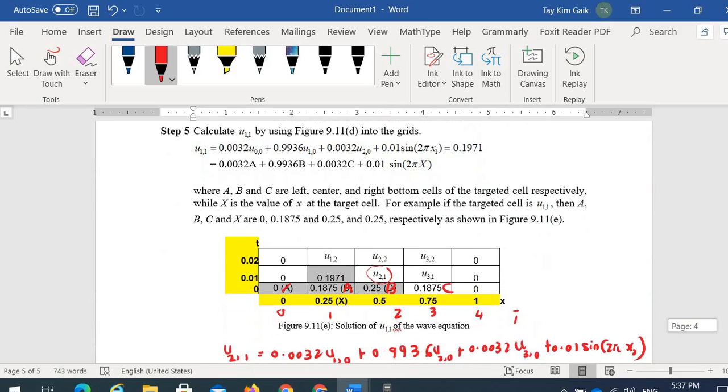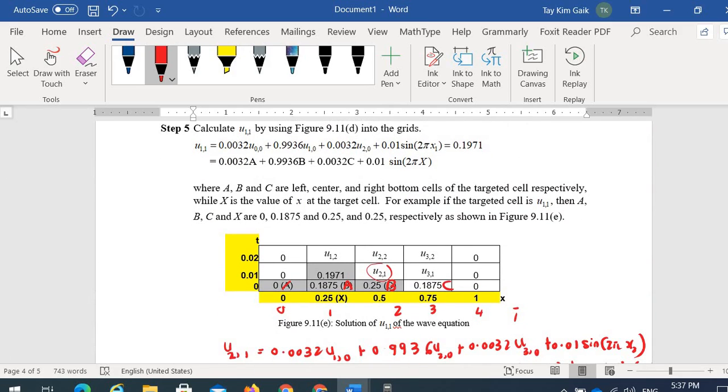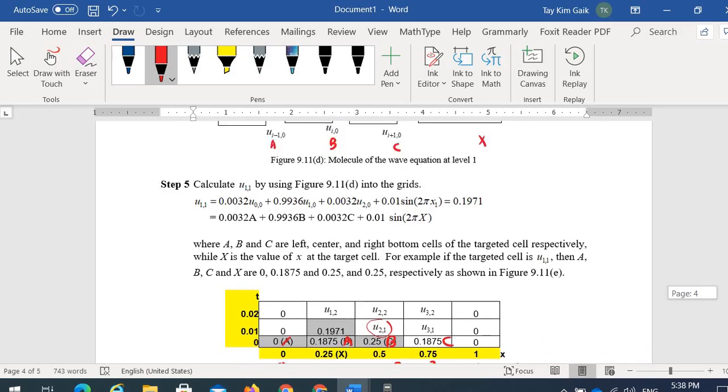First you draw the grids, then fill in the initial condition, boundary condition, and level 1. You use a level 1 molecule.